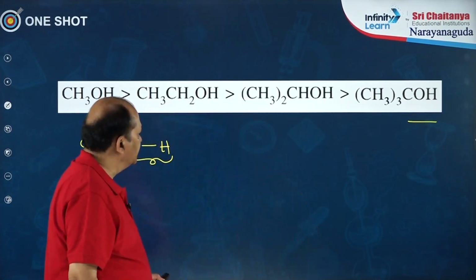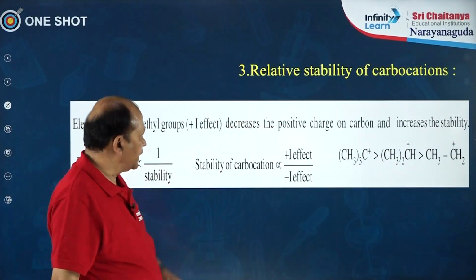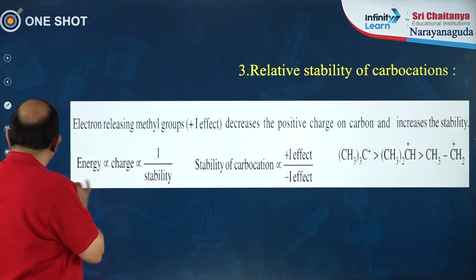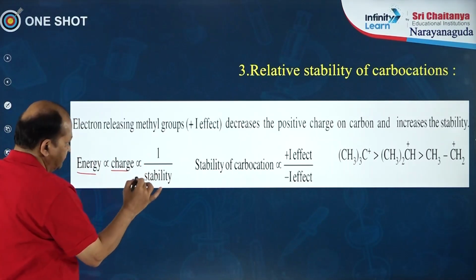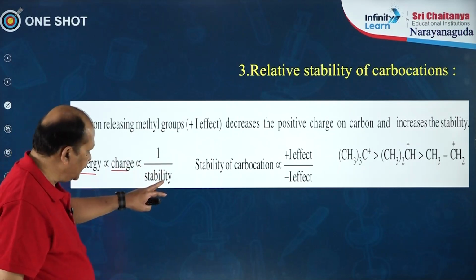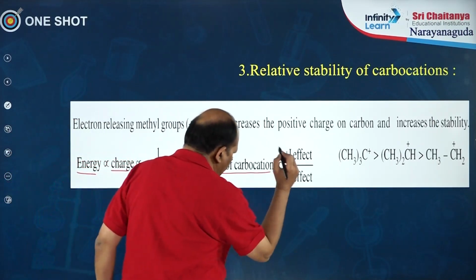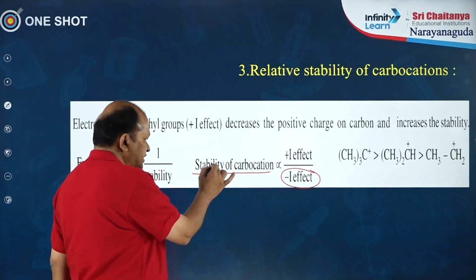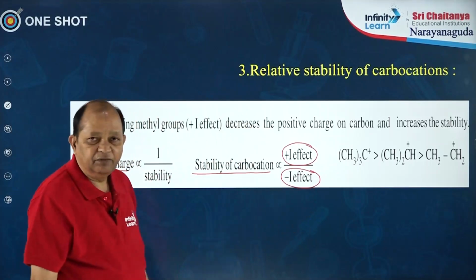The next one is about the relative stabilities of carbocations. Here, please understand this point. This is a very important equation. Energy or charge stability is one point. This is reflected in another way. For the stability of a carbocation, if the minus I effect is pronounced, stability will be less. If the plus I effect is pronounced, stability will be more.